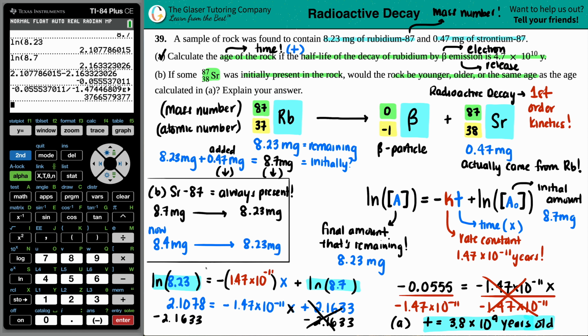Well, in order to really check this out, what I would do is I would just plug this value in. Instead of 8.7, try 8.4 and see if that time is a higher value or a lower value. Now, we can make an estimated guess, right? What would you think? Do you think that the rock would be younger?